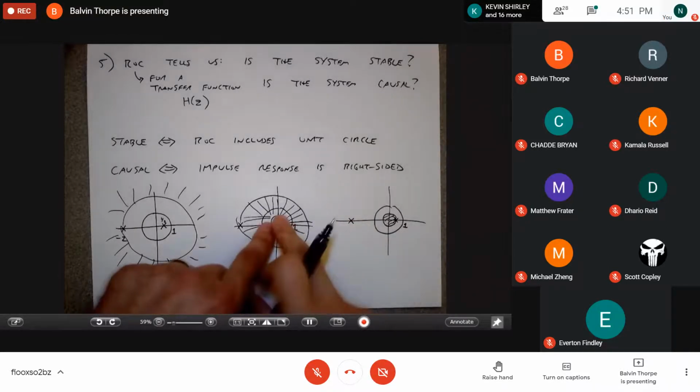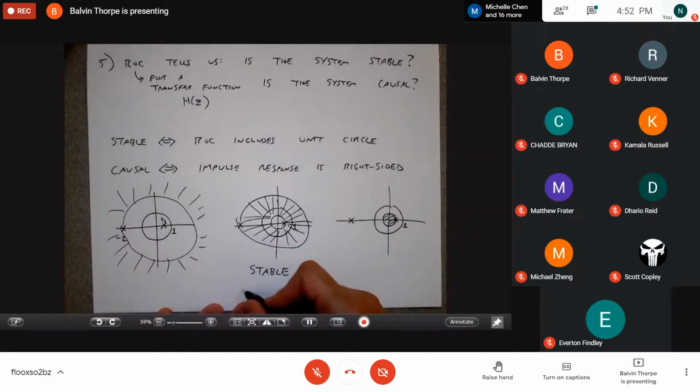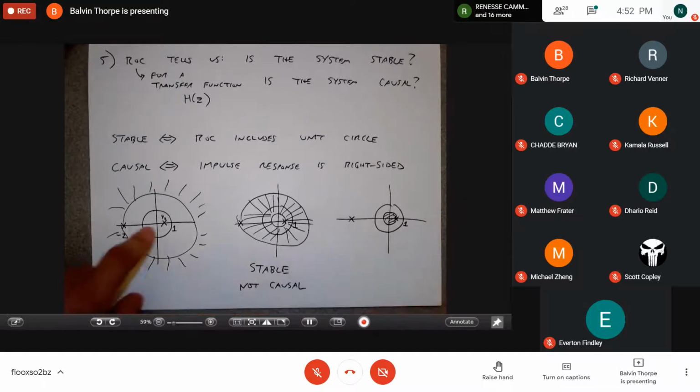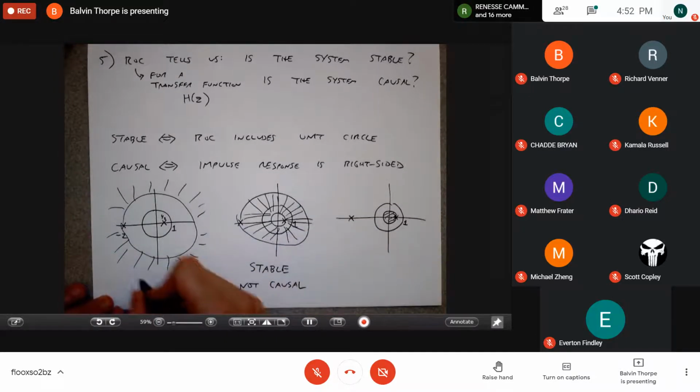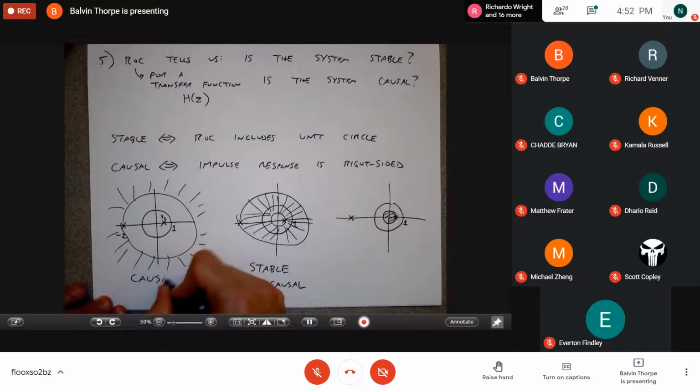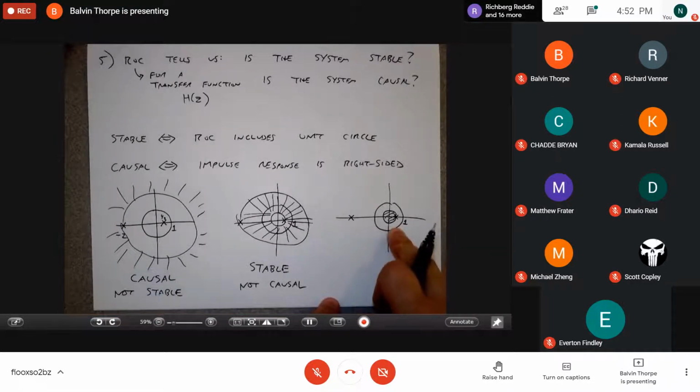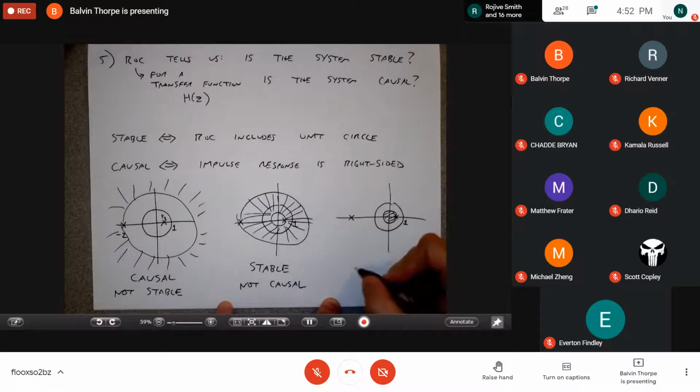But because the ROC doesn't go out to infinity, this is not causal. Here, this guy looks like a right-sided signal, so this is causal. But since it doesn't include the unit circle, it's not stable. And this guy neither includes the unit circle nor goes out to infinity, so this is not stable, and it's also not causal.